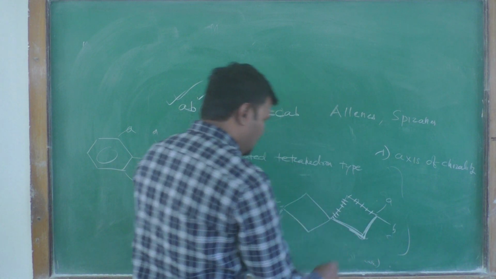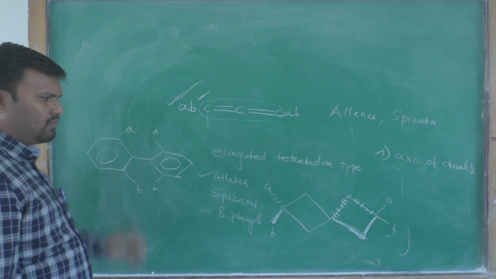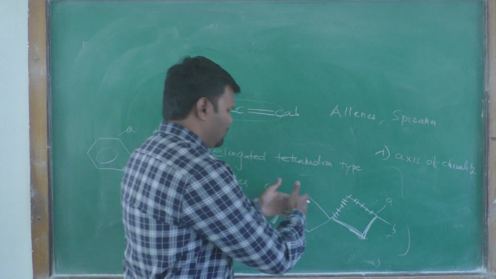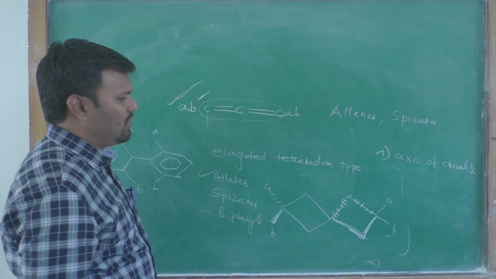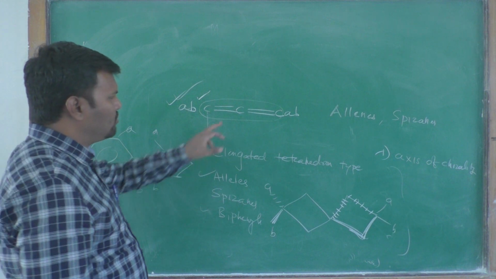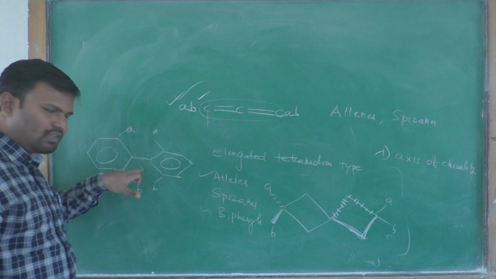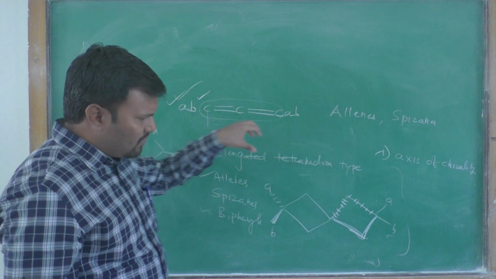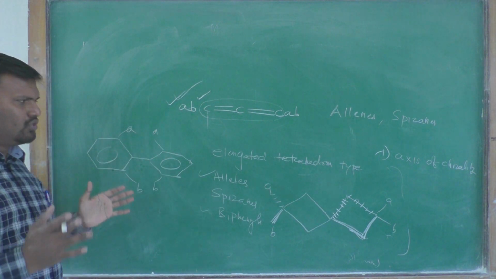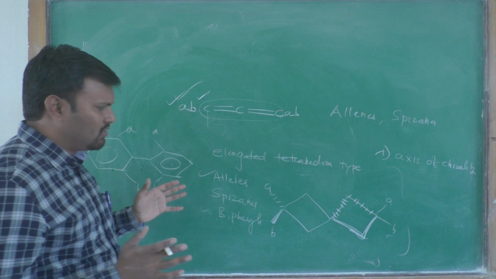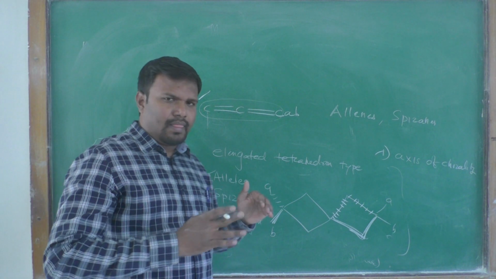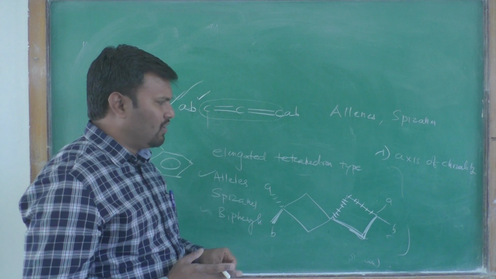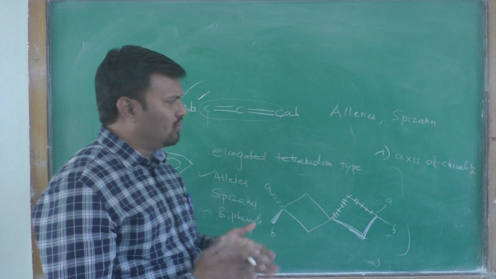These are the spiranes where elongation of the tetrahedral group takes place, and in such compounds, allenes, biphenyls, and spiro compounds, elongation of the tetrahedron takes place, and such compounds are optically active due to this elongation.